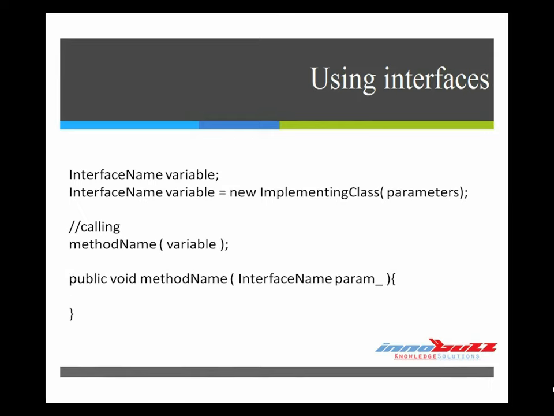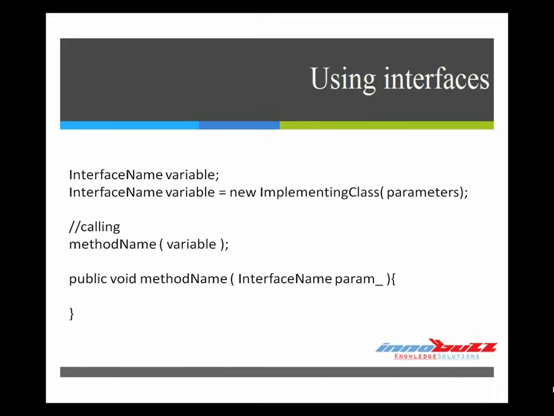So this is a method, and the parameter of it has the type of the interface: the interface name and param. This way we can pass any variable that was declared by the interface name, no matter what class we instantiated it with.